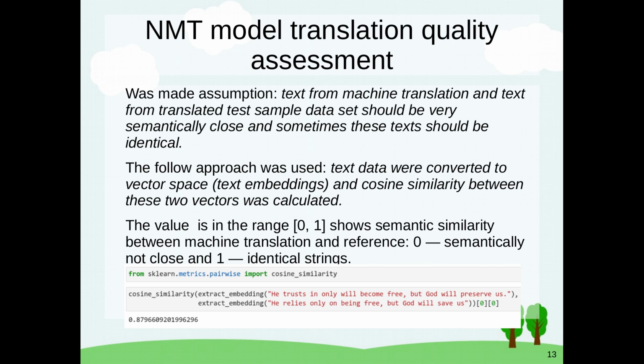Text data were converted to vector space, text embeddings, and similarity between these two vectors was calculated. The value in the range from 0 to 1 shows semantic similarity between machine translation and reference translation. 0 means semantically not close, and 1 means identical strings.